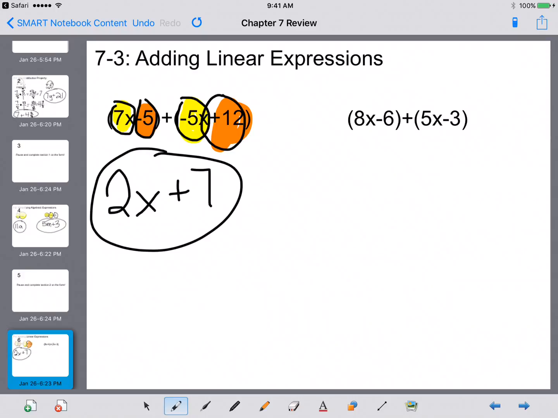Over here, same thing. Circle your terms, 8x, minus 6, 5x, and minus 3.